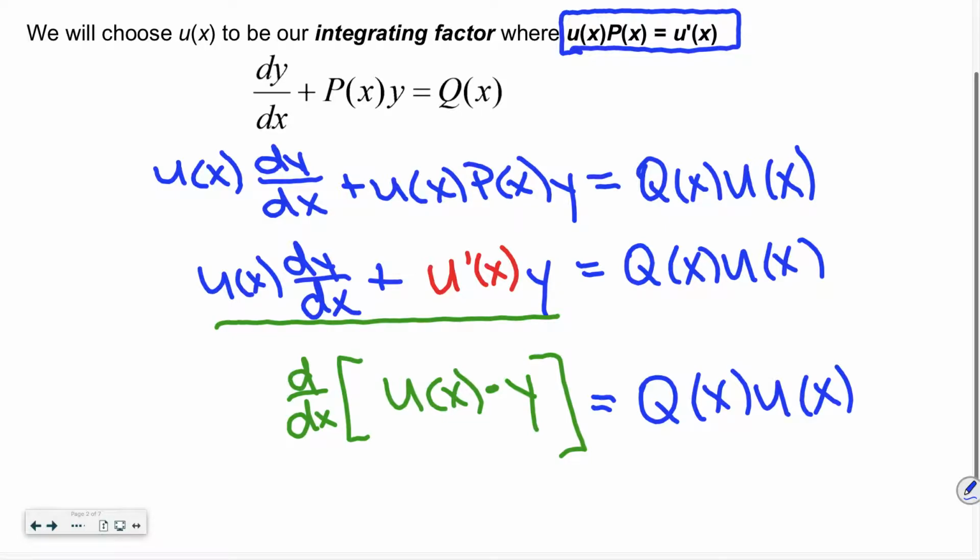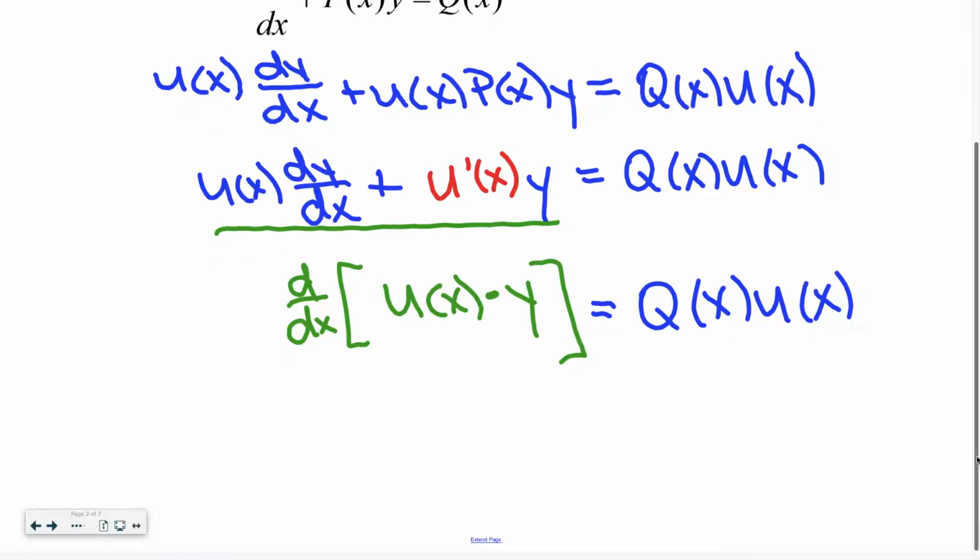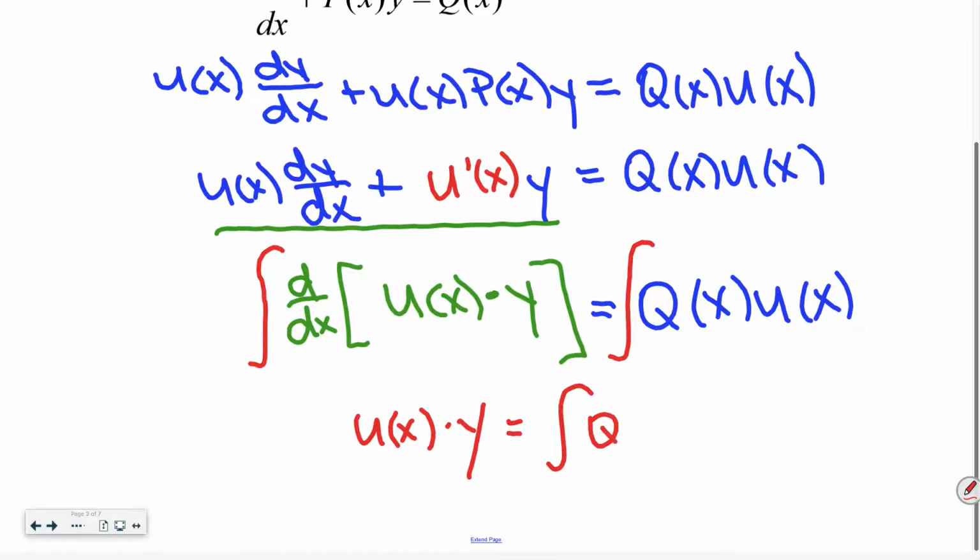Do we have addition anymore? No. We don't have addition anymore. So now what we can do at this point is we can now integrate. And what happens when we take the integral of a derivative? So what's going to happen is we now have u of x times y equal to some integral that we can probably solve, and then we would be able to divide u of x over to solve for y.